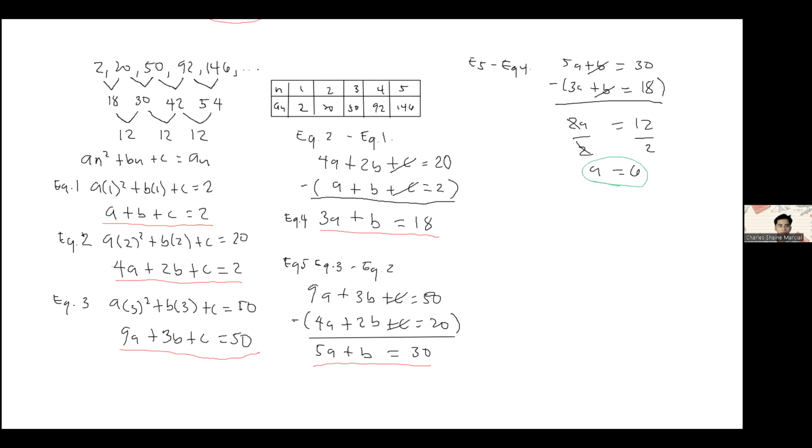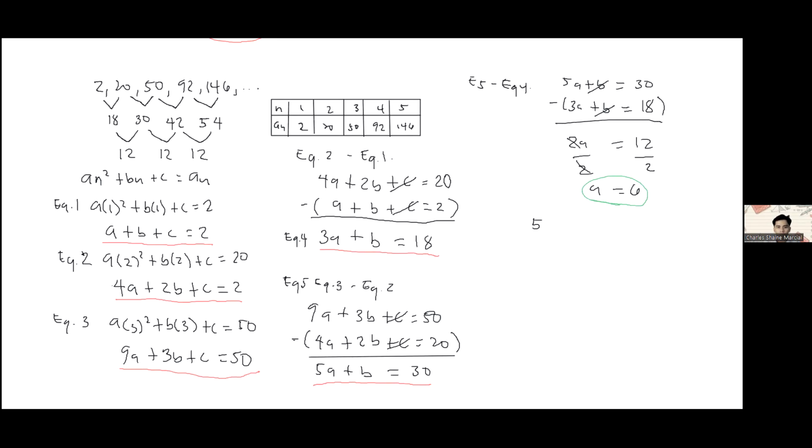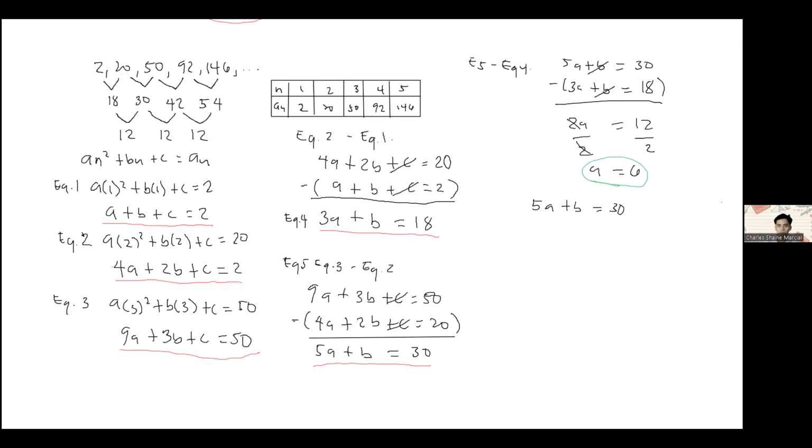Yan. Let's find the value of b using the formula dito sa equation 5. Yan. Gamitin natin yung equation 5. So we have 5a plus b is equal to 30. Okay?